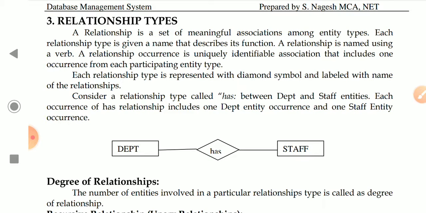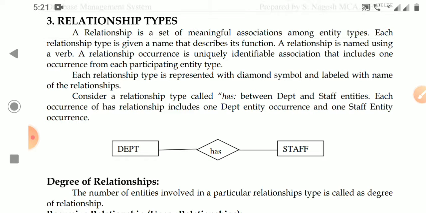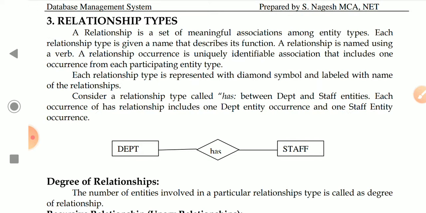Today's topic: relationship types. In the previous video we studied what an entity relationship model is and what an entity type is. We have studied that the entity relationship model is a diagrammatical representation of various concepts of an organization.